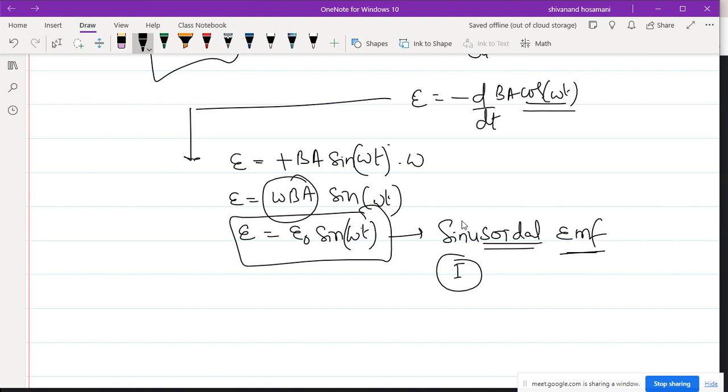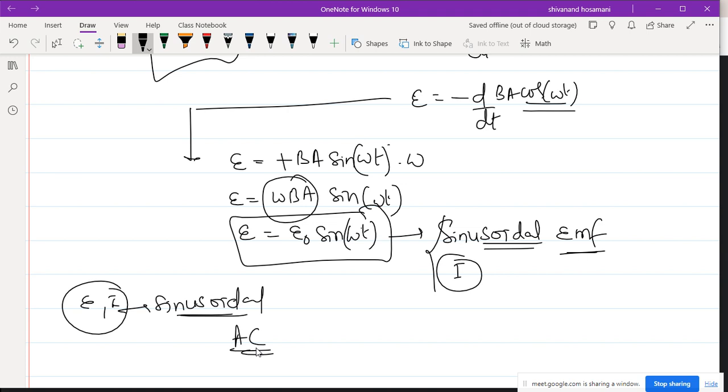Therefore all these quantities, EMF and current, are sinusoidal. This current is defined as AC, alternating current. Alternating current is produced by a constant rectangular coil rotated in a uniform magnetic field, producing an EMF due to the change in magnetic flux with respect to time.